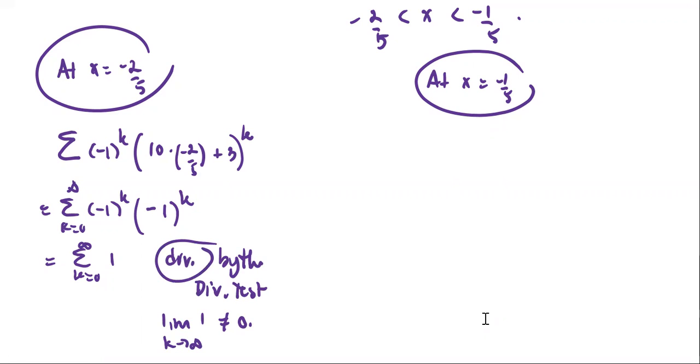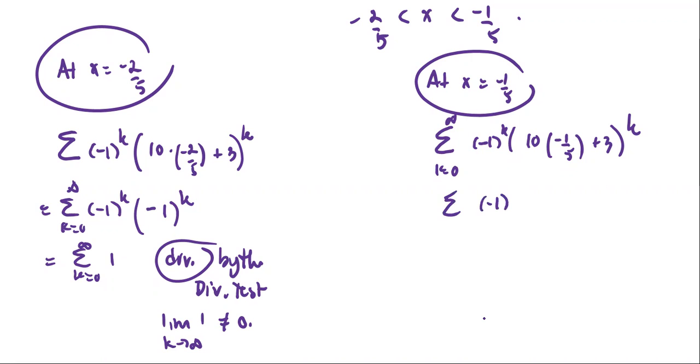Next, we're going to check the right end. So the summation will become negative 1 to the power k, 10 multiplied by negative 1 over 5 plus 3, to the power k, starting from 0 to infinity. So negative 1 over 5 times 10 becomes negative 2, plus 3, which is 1. So we have the summation of negative 1 to the power k times 1 to the power k, k equals 0 to infinity.